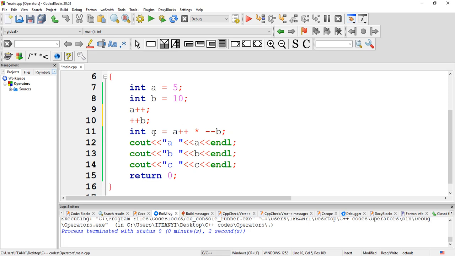But when they become part of another expression on the right hand side of the equality sign, the interpretation changes. The A++, which is postfix, means use my value before increasing it by 1. But when it comes at prefix, it means increase my value by 1 before using me in the expression.